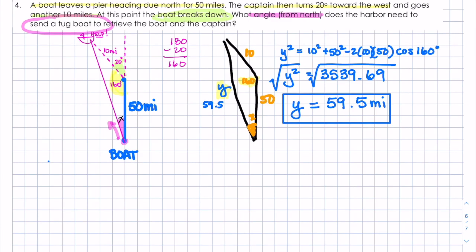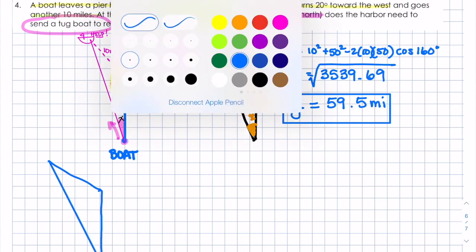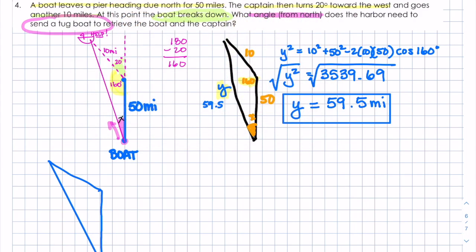Well, if I re-envision my triangle a bit and I replace the things I want to know, my ultimate goal is to get this angle down here. I now know that this is 59.5. I already knew that was 10, and I already knew that was 50, and I already knew that angle was 160.